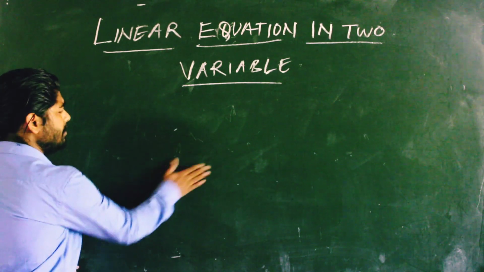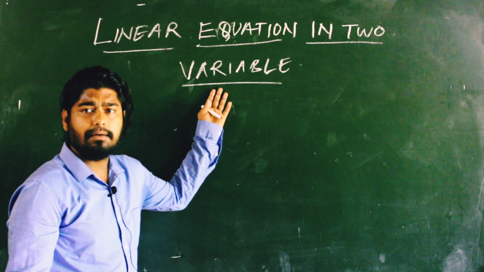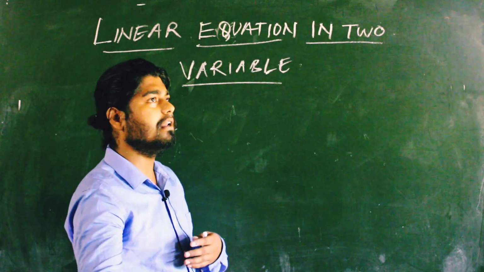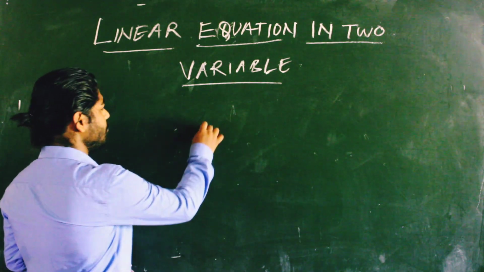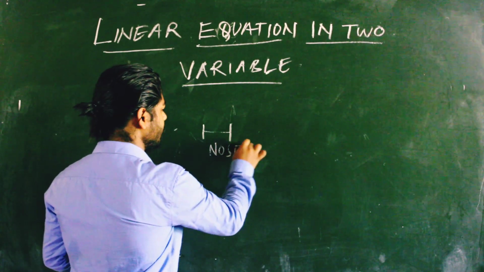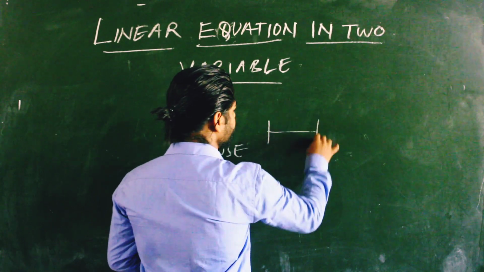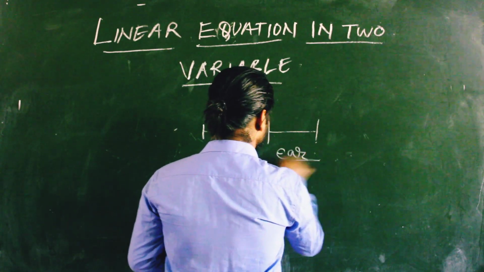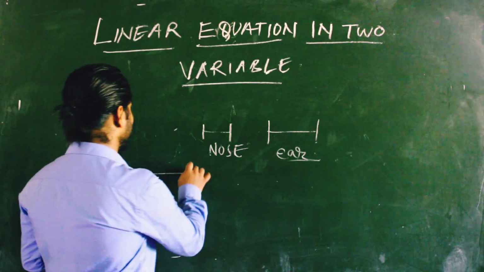Let me put it in very simple words. First, we have a variable. Variable means something that varies accordingly with our choice. Suppose there is a scale which can measure your nose, another scale for your ear, and another scale for your head.